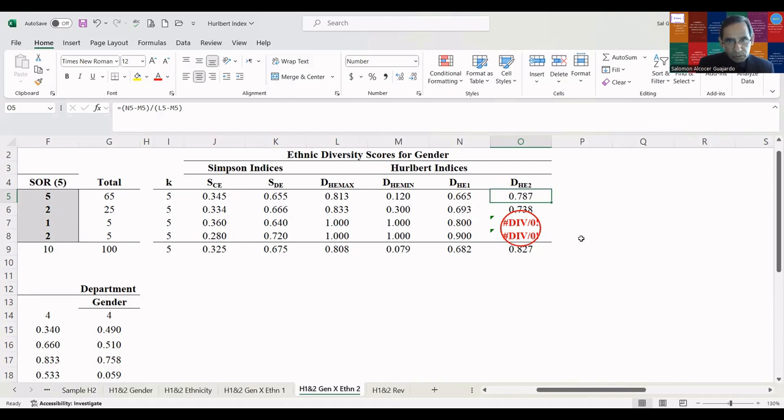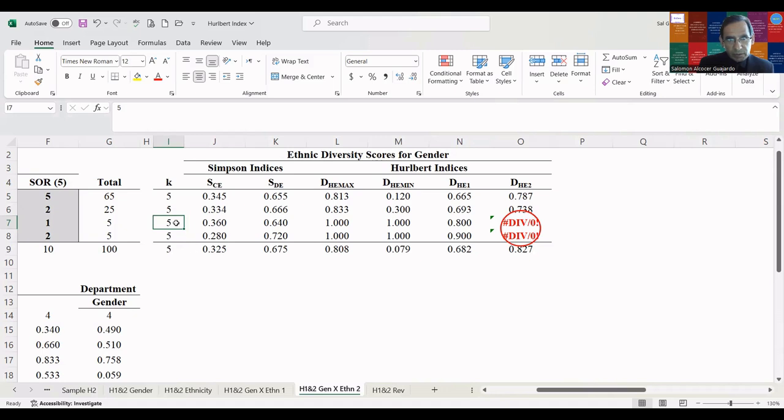I also want to alert you that the Hurlbert relative diversity score has the potential to generate invalid or undefined scores. That is when the total number of individuals becomes extremely small and k equals the number of groups, the number of individuals in the organization.